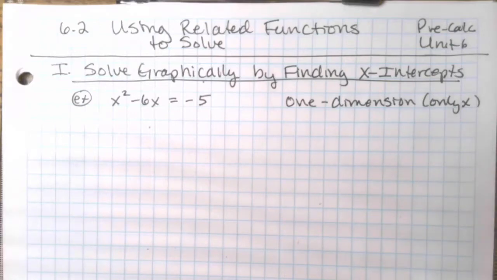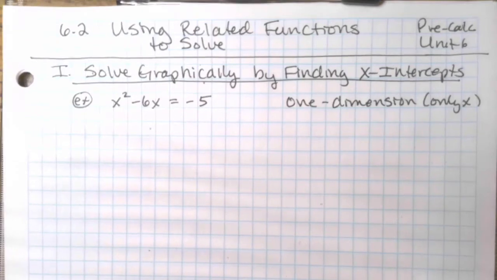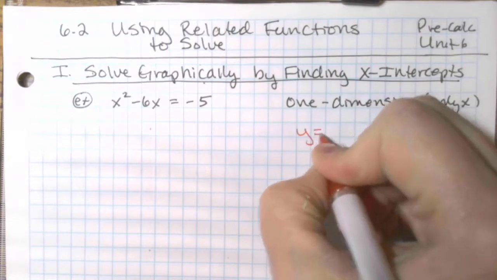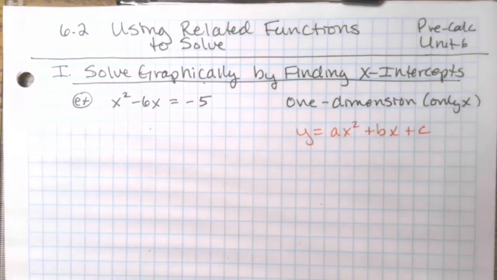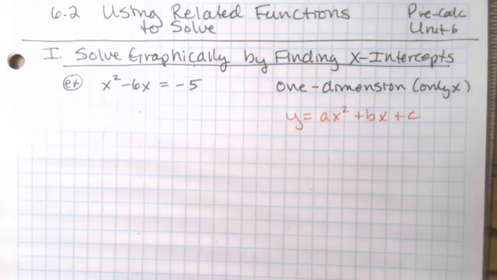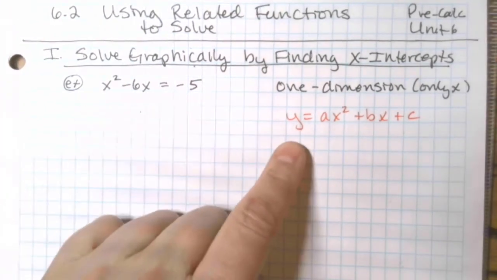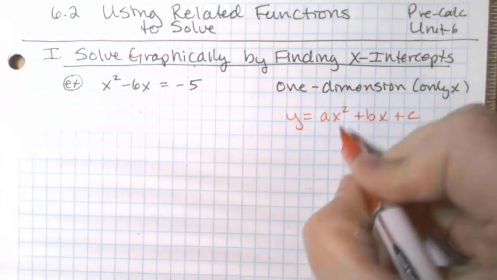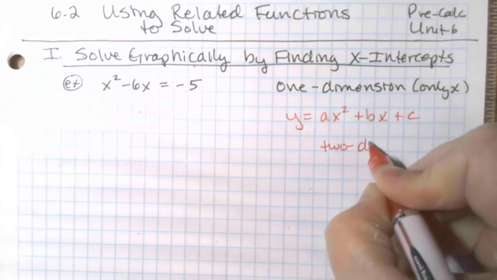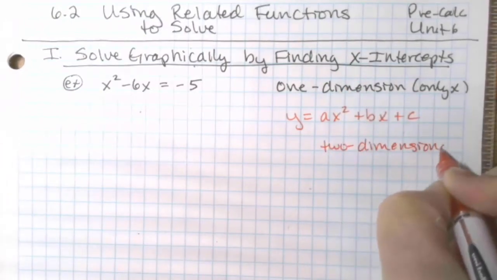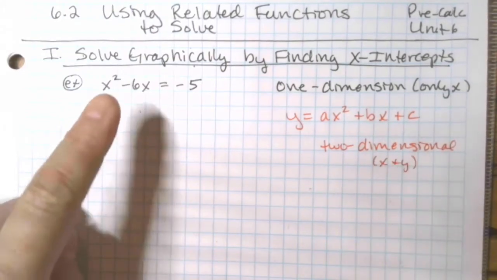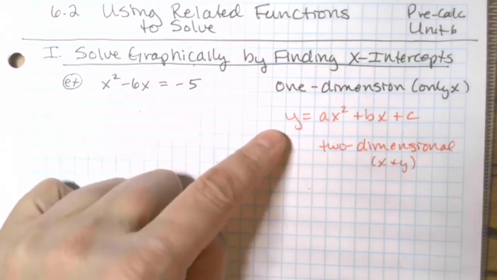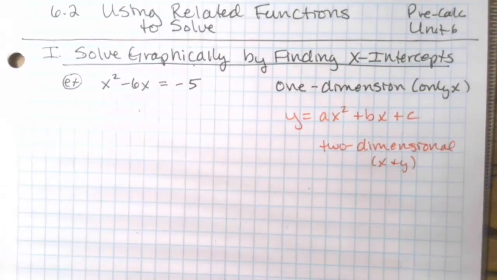So remember that we have the standard form of a parabola, which is y equals ax squared plus bx plus c. So to solve this graphically, we're going to take this and we're going to turn it into the related function, which is a two-dimensional function that has x and y both. So to prepare this, to change it to that, we need it to be equal to 0.